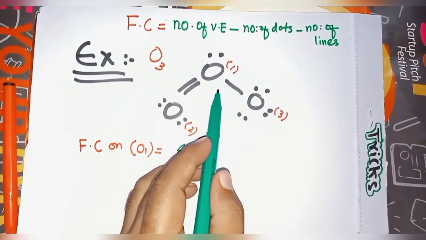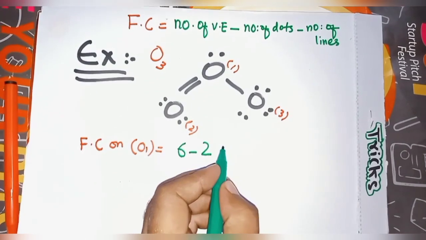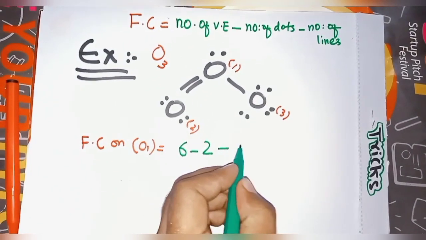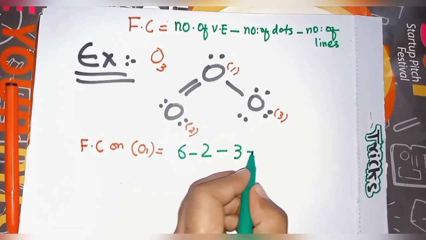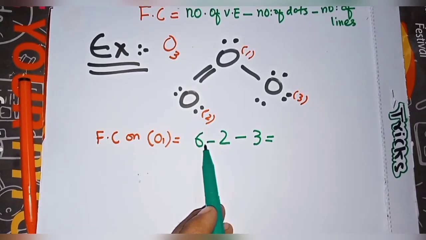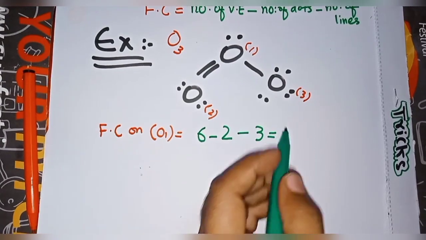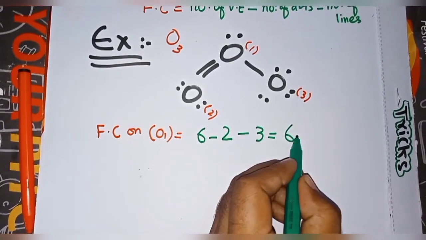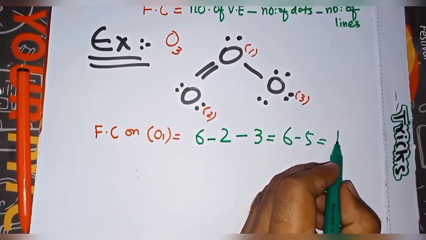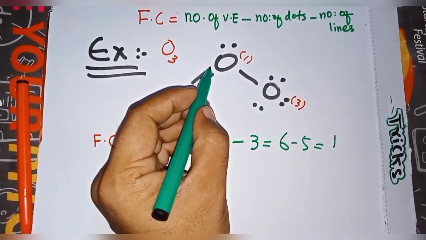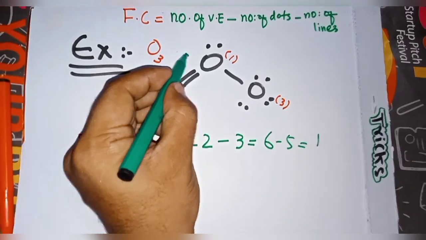The number of lines: 1, 2, 3. The number of lines on the first oxygen is 3. So 6 minus 5 is equal to 1. So here the formal charge on the first oxygen is plus 1.